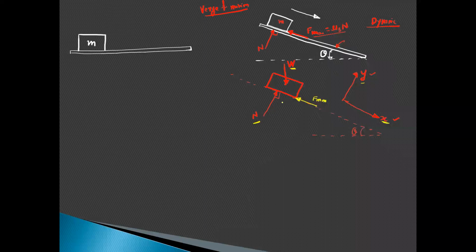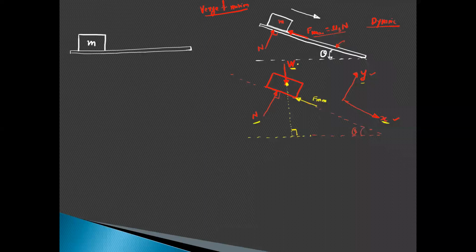So we just have to resolve the force W. I will draw the line of action here. You can see this angle is 90 degrees and this is theta. To resolve this force, you can resolve it at this point.